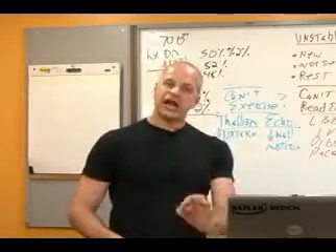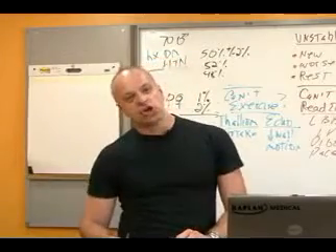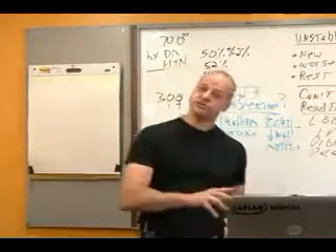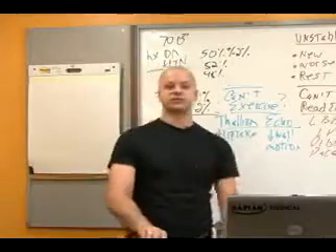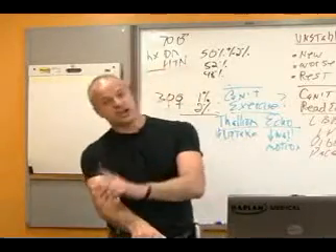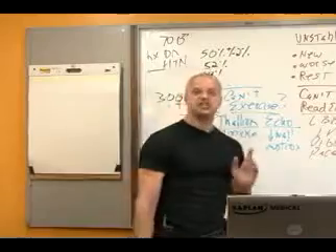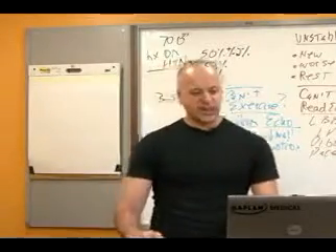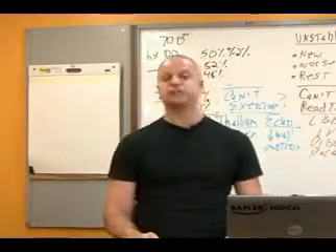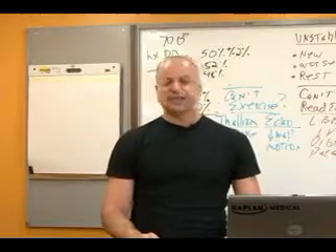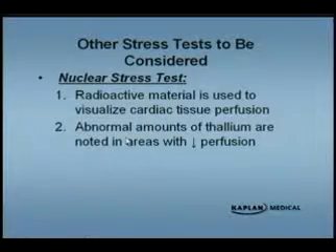So if you inject the thallium, as long as the cells are perfused and alive, they should pick up the thallium, because it looks like potassium. Now, if your ischemic myocardium is not perfused, you have decreased thallium uptake. If the cells are ischemic, decreased thallium uptake. If the cells are dead, decreased thallium uptake.